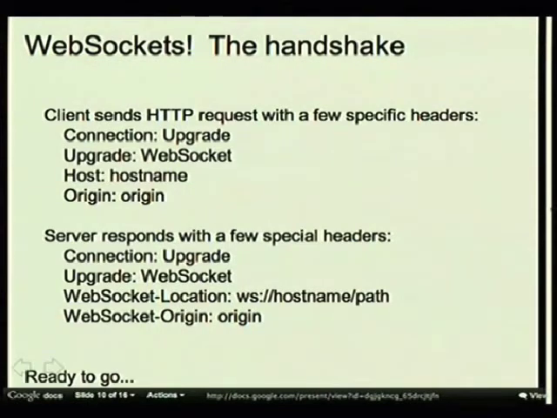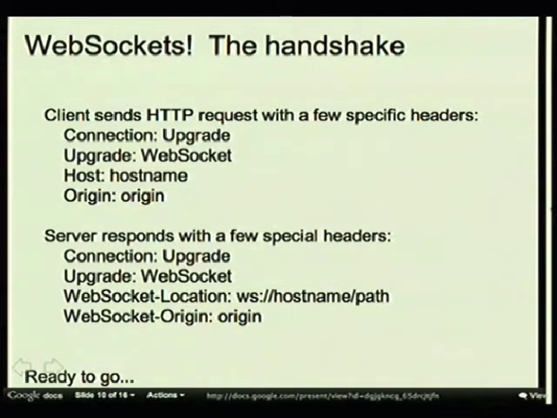It's all good. On this slide, I'm showing what you do to send a WebSocket request to the server. The only difference is that you have a connection header, which says upgrade, so that your proxy can determine what to do with it. If you're not going to send it to your app server, you're going to send it to your WebSocket server. And then the upgrade is WebSocket.